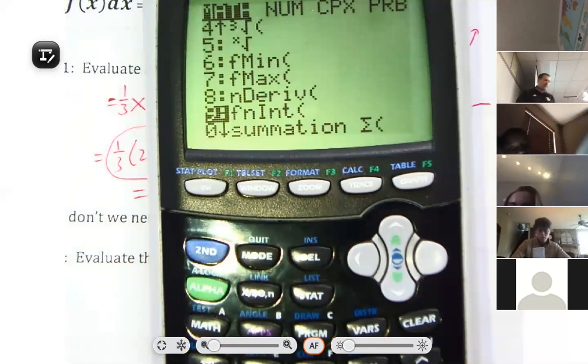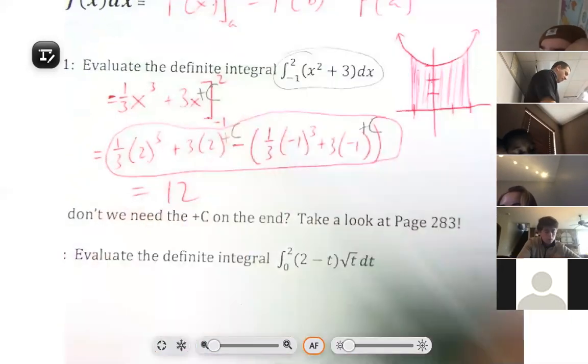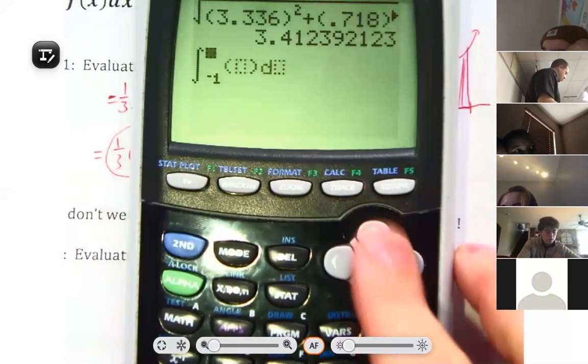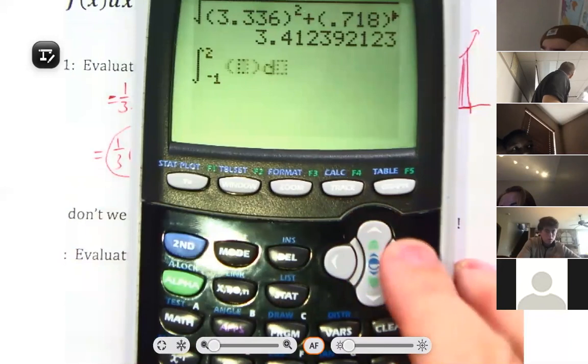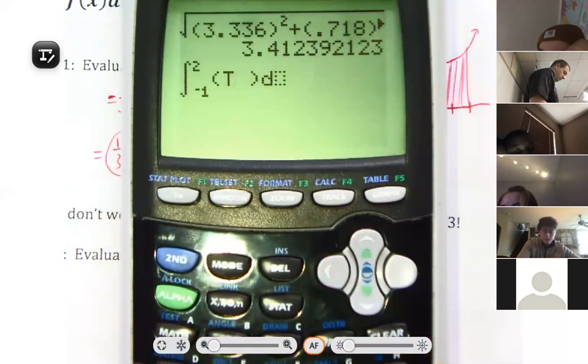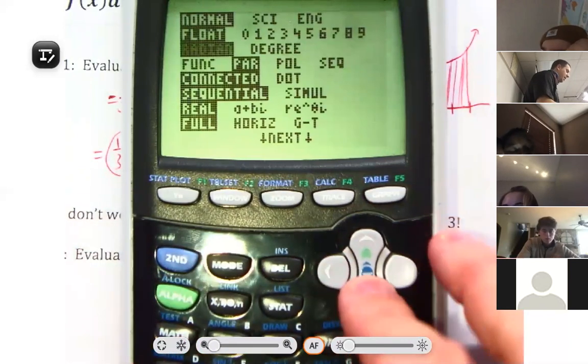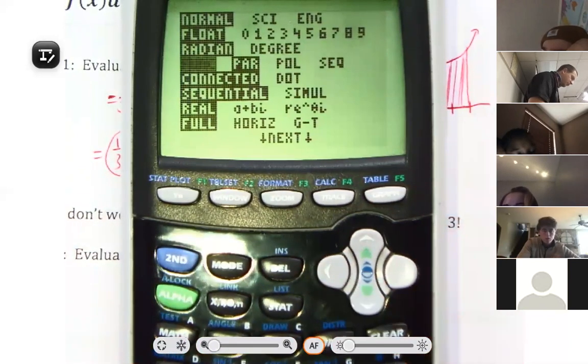So if I push Math 9, now it just pops up. If you have an 84 plus, the notation is awesome. Now I could just put in my -1 for my lower limit, 2 for my upper limit, put in your function. Oh, shoot. We were doing parametric functions in BC, so I was in parametric mode.